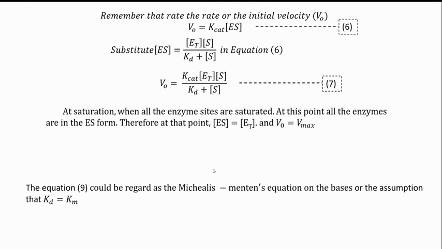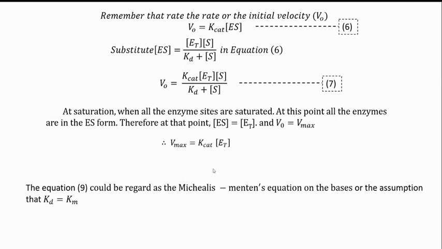Now, at saturation, where all the enzyme sites are saturated, at this point all the enzymes will be in the ES form. So the total enzyme at that point is equal to ES. And at this condition where all the sites are saturated, the enzyme is assumed to have attained its maximum velocity. So at that point, VO becomes Vmax.